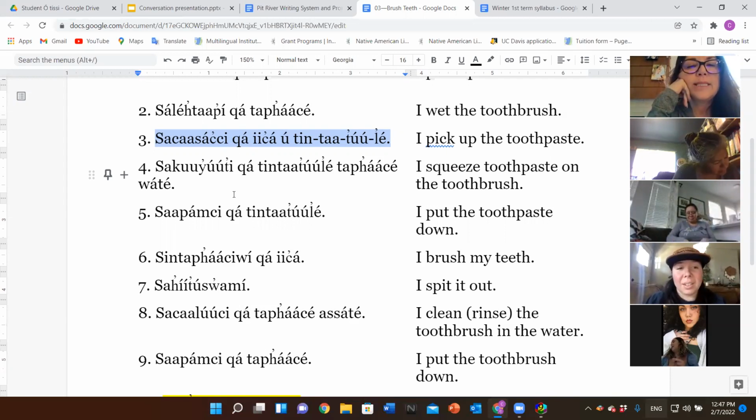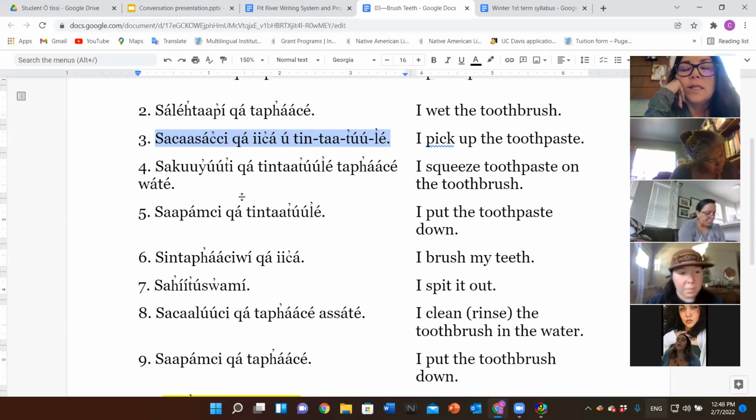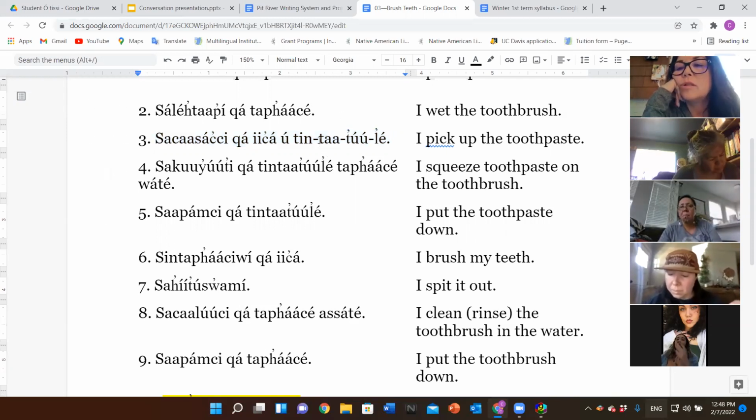Sajasakji ga icha u dindatule. Pretty good. Tus. And Mercy, saja sachi ga ija utinda tule. Sajasachi ga ija udinda tule. Tus I. Good. I don't understand.